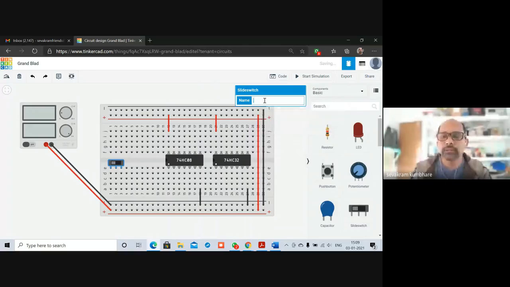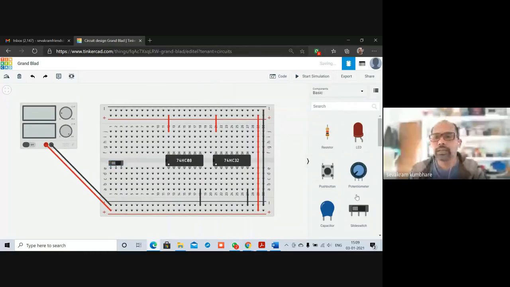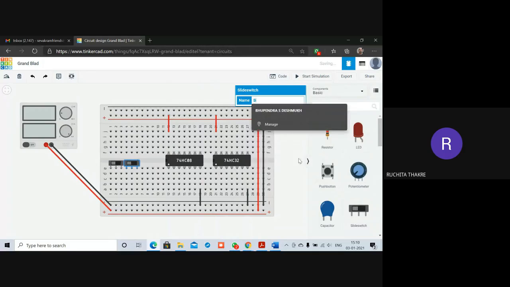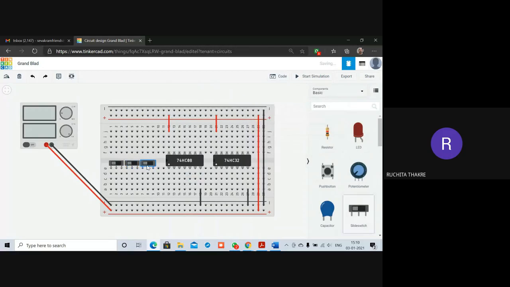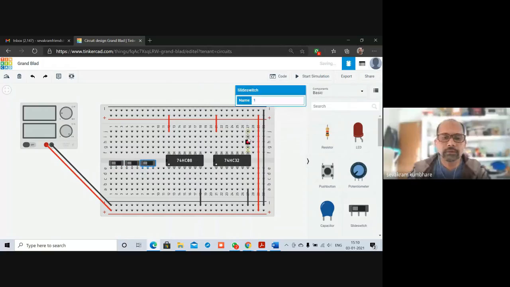This one is for A, another one I need for B, and the third one I need for C. So for 3 inputs, I am taking 3 slide switches. Now I'm going to connect these 3 to ground as well as VCC, as per the usual procedure.